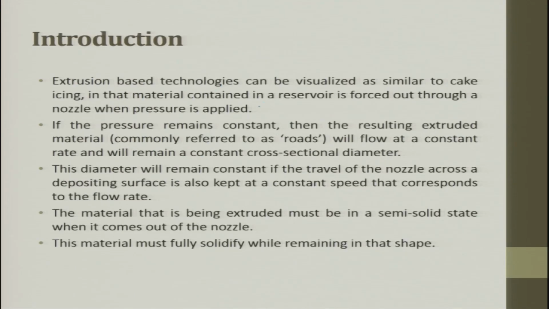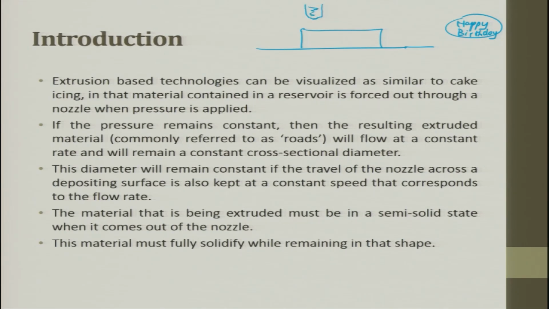Extrusion based technologies can be visualized as similar to cake icing. In cake icing we have a cake, and on top of it we give a topping wherein we write, suppose, happy birthday. When we want to write this, we use a cone.